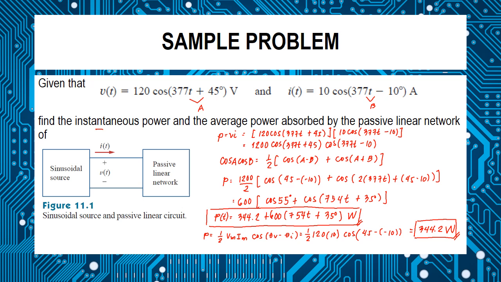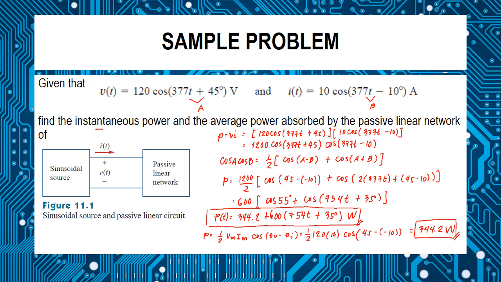Now let's just simplify. 1200 divided by 2 is equal to 600, and then this is cosine 55 plus cosine of 754t plus 35 degrees. So we can distribute 600 times cosine 55 plus 600 times cosine of 754t plus 35 degrees.